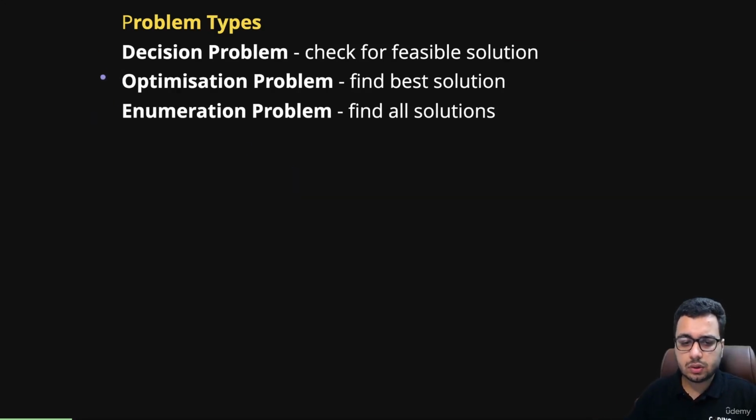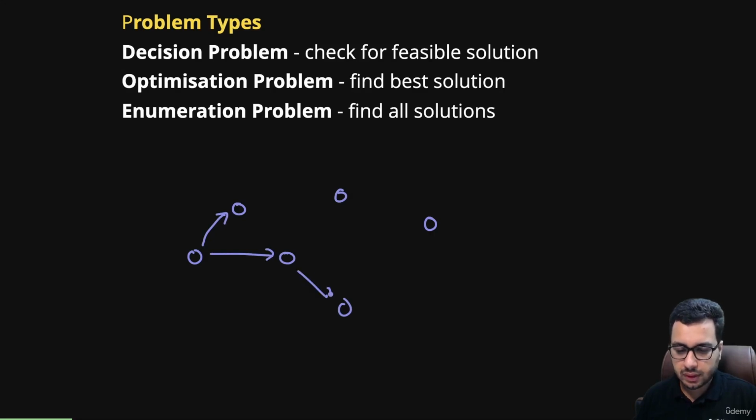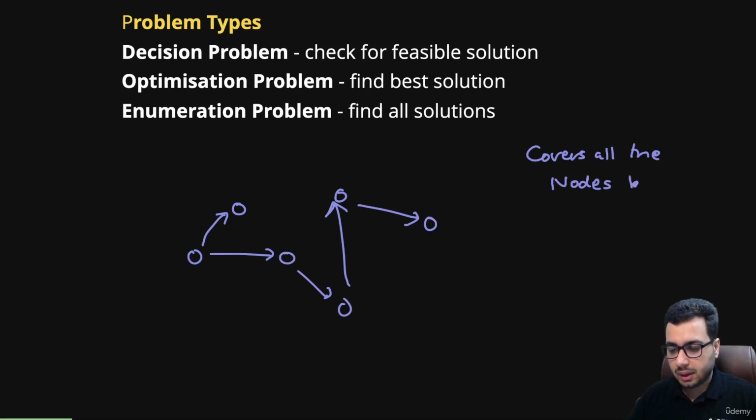Another could be an optimization problem, where we want to find out the best solution. Maybe we are given a set of nodes, and from every node we can go to every other node. Maybe we want to find a path which covers all the nodes in a minimum cost.